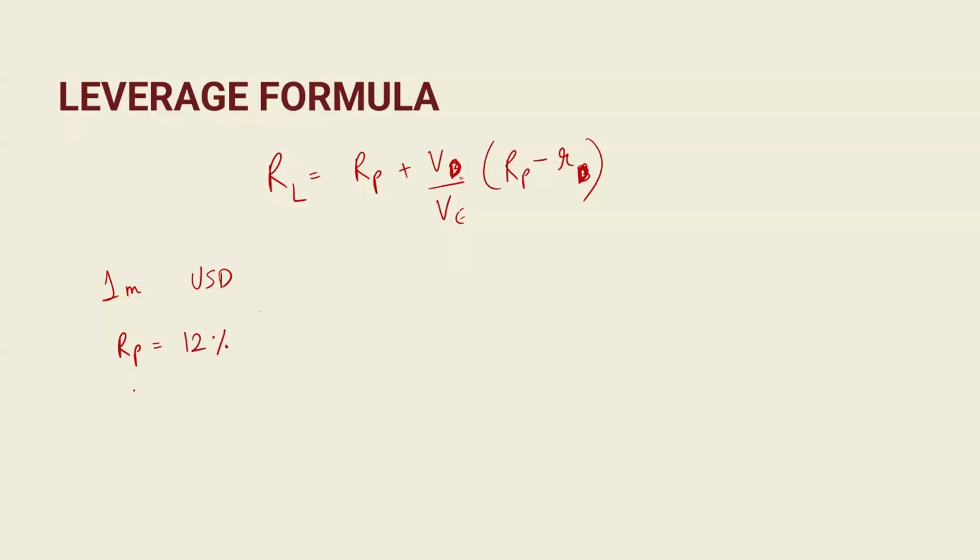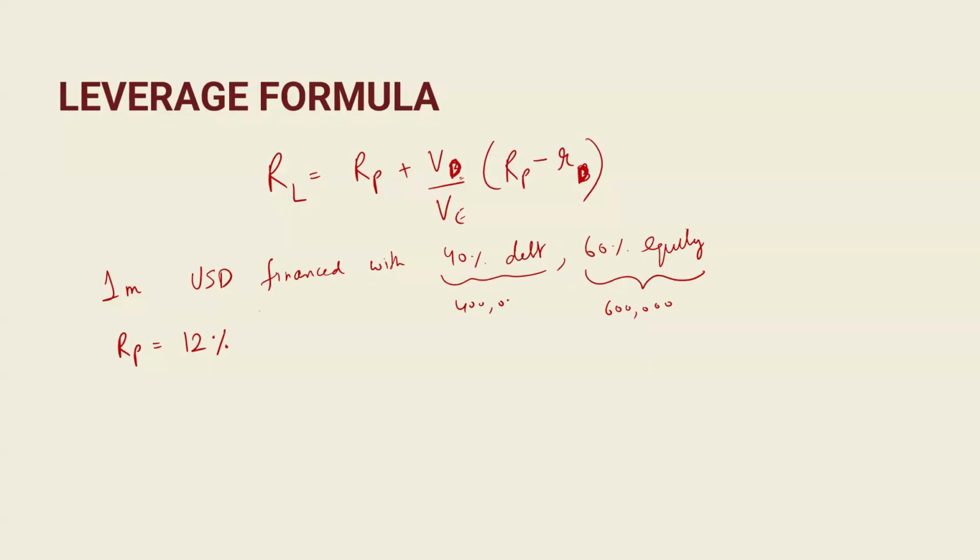Then let's say the amount of debt that you are taking is, say, 40% debt. Okay, you have financed this with 40% debt. So obviously, if 40% debt is there, which means that the equity is how much? 60%, right? So 60% equity means what? $600,000 of equity, and 40% debt means $400,000 of debt.